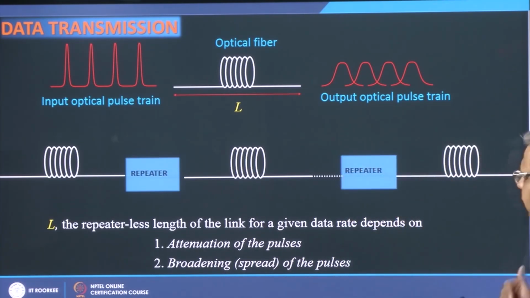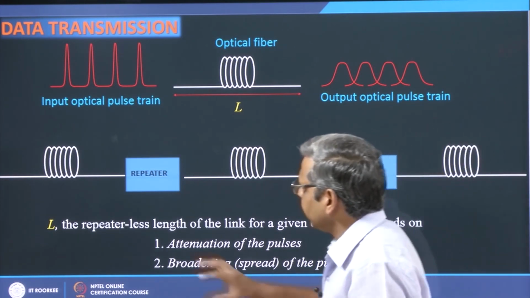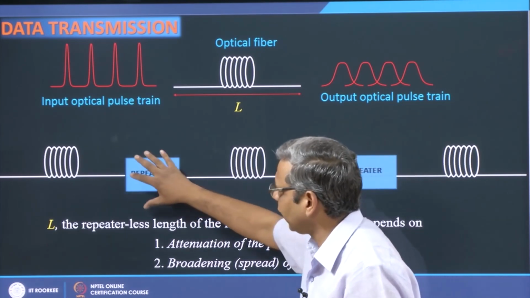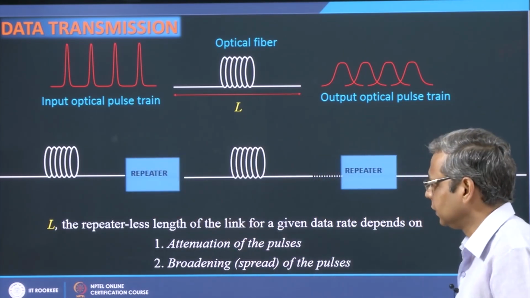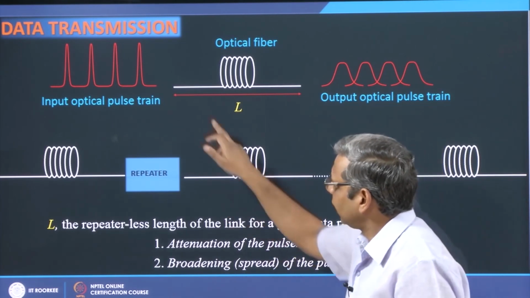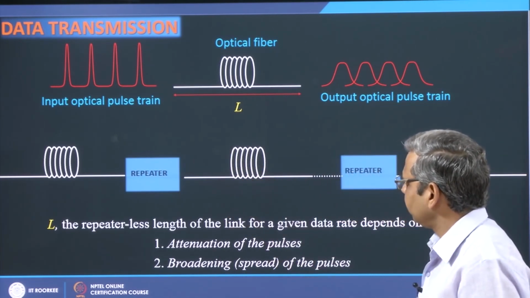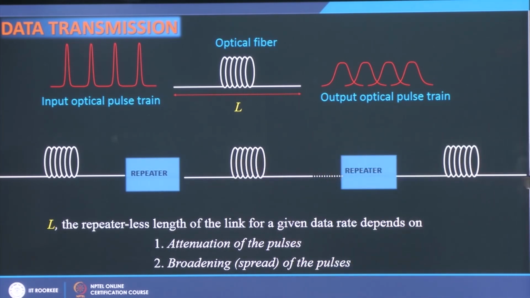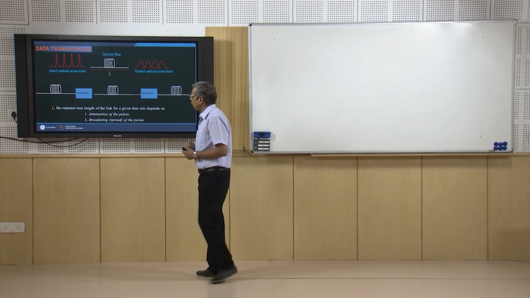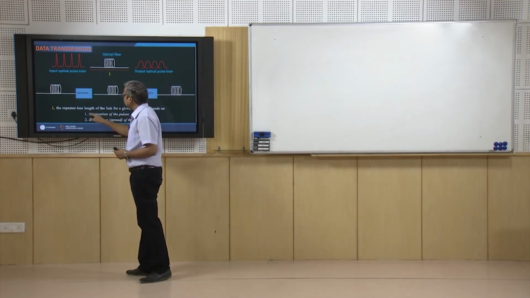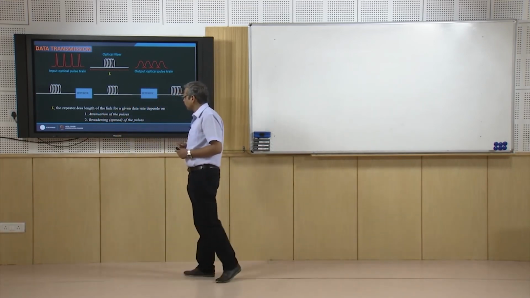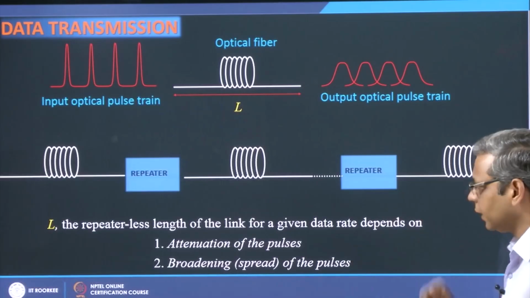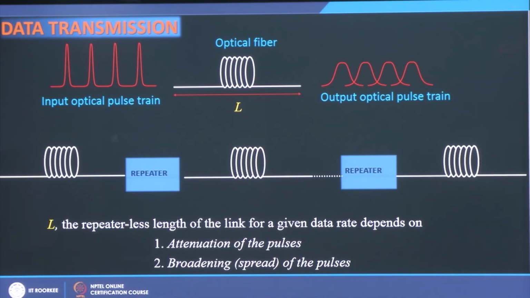So, in a communication link, you send pulses through optical fiber, and then after a certain distance you will have to reshape the pulses and bring them to their original form, and then you again send them to the next segment and then to the next segment and so on. If L is the repeaterless length of the link, then this repeaterless length for a given data rate depends upon 2 things.